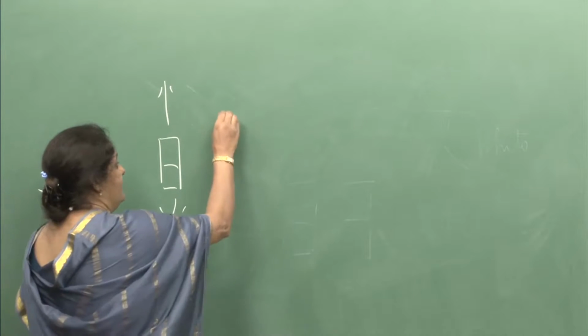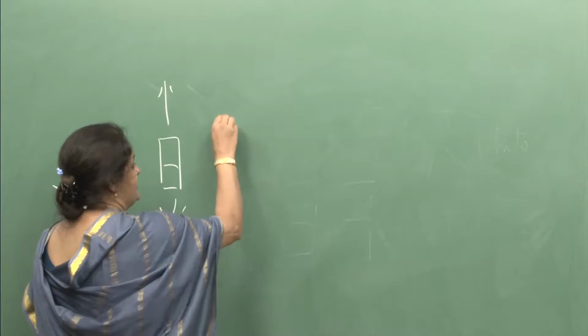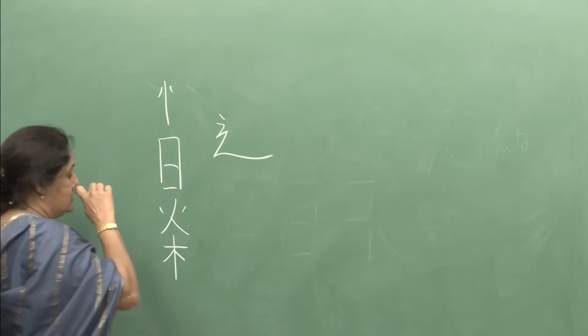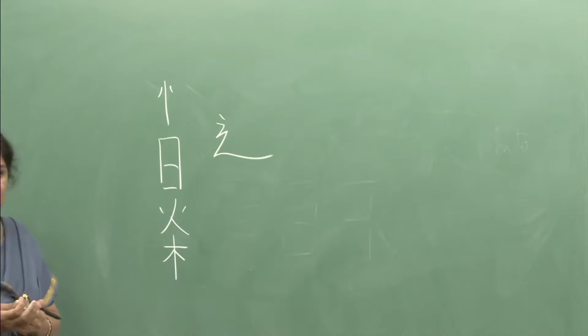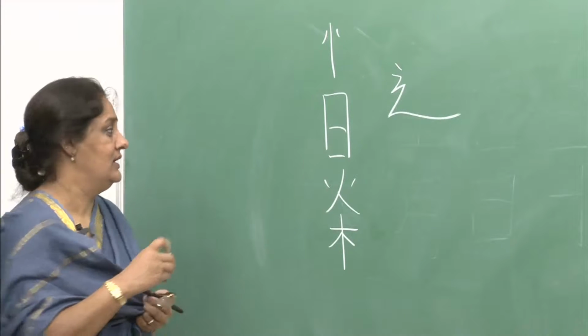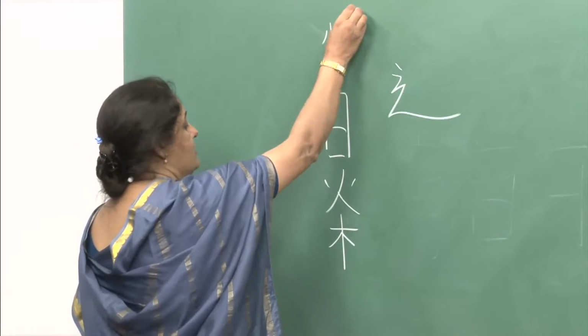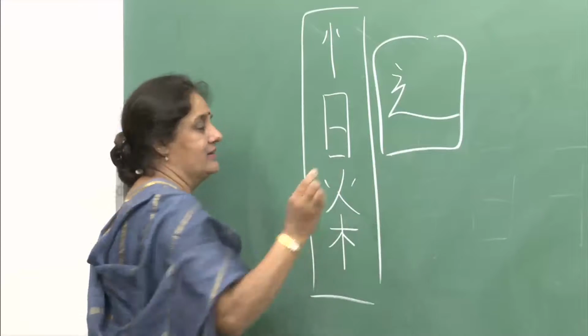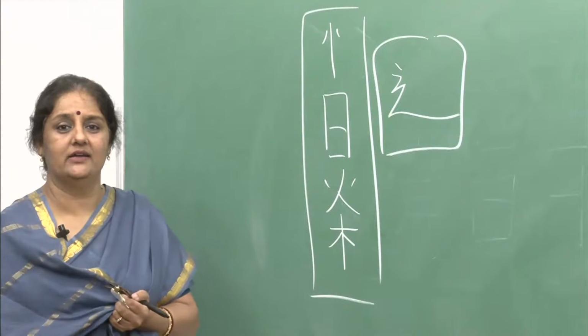We have done this character in one of our kanjis. So, when you look at these characters, what does it mean? What does it show? All these are called radicals.